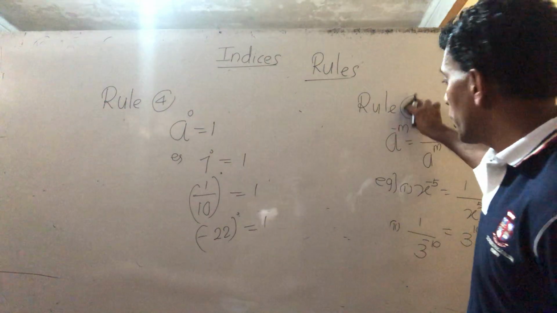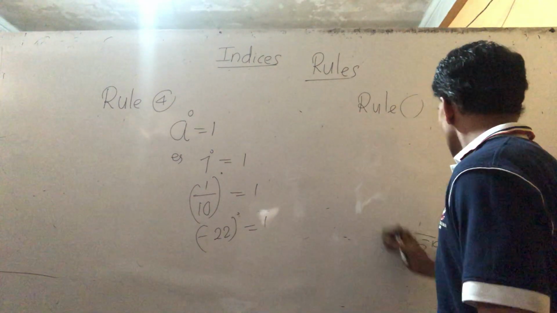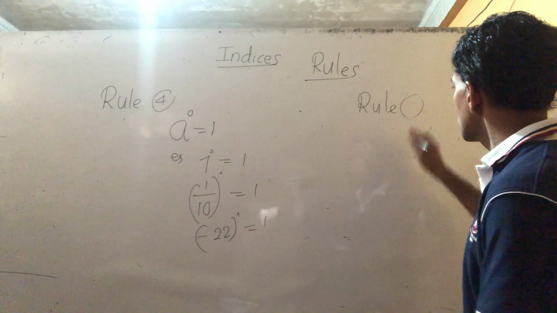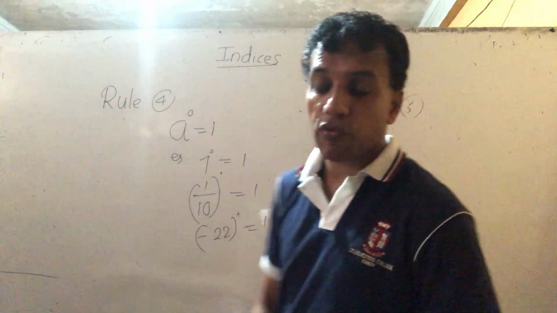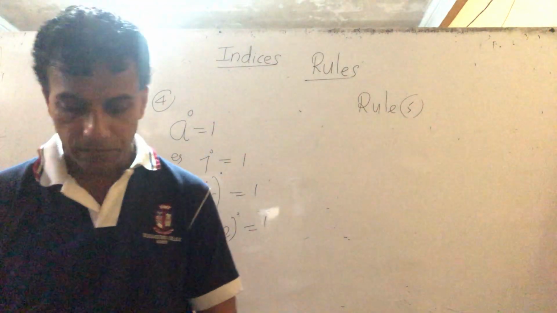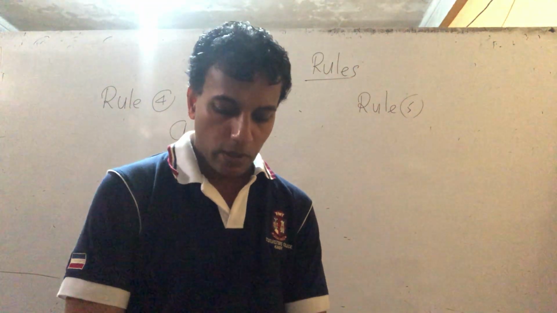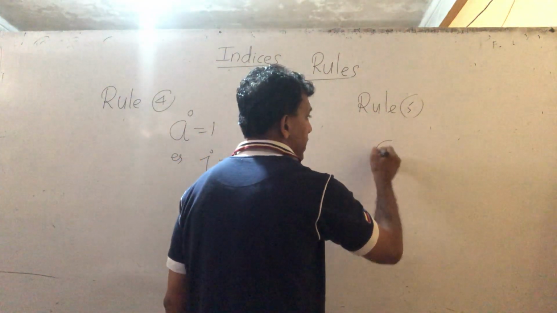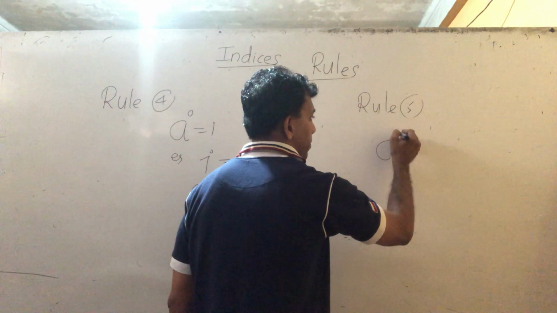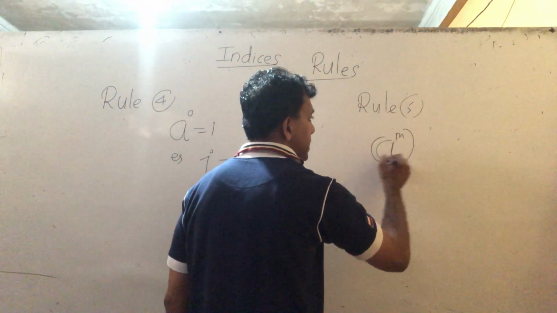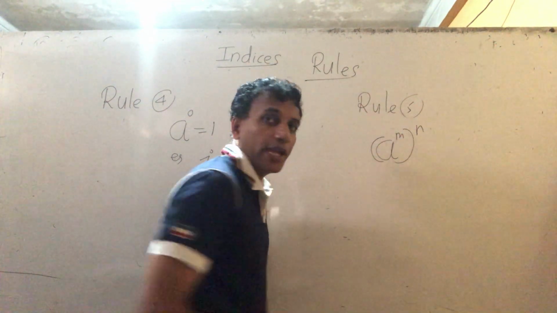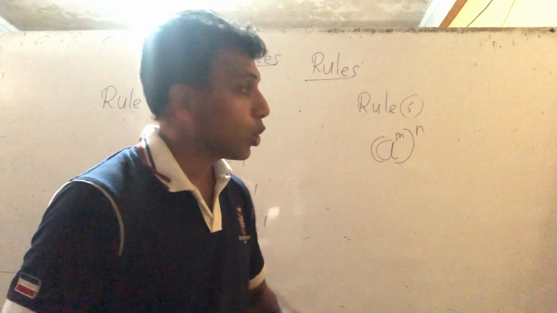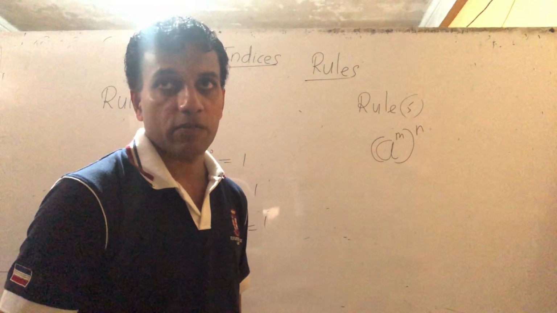Let's try rule number 5. Rule number 5 of indices is stated like this: a to the power m, all to the power n. What is the answer?